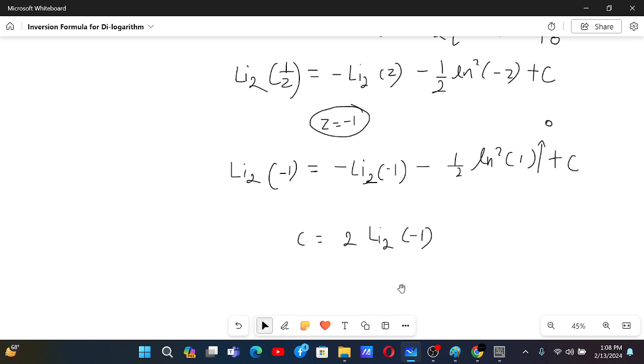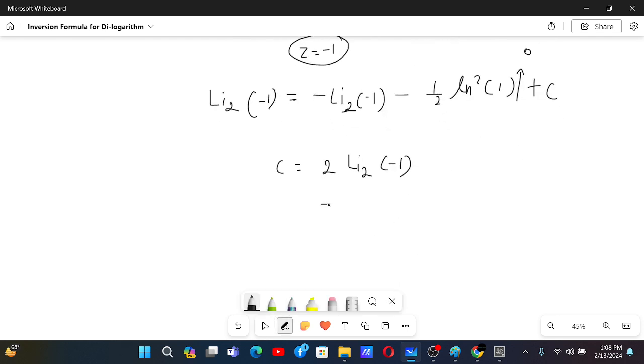Now let's try to find 2 times Li2 of minus 1. The sum definition for Li2 is the sum from n equals 1 to infinity, g, which is minus 1, to the power n, by n square.